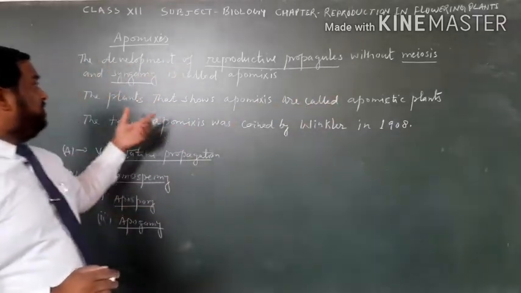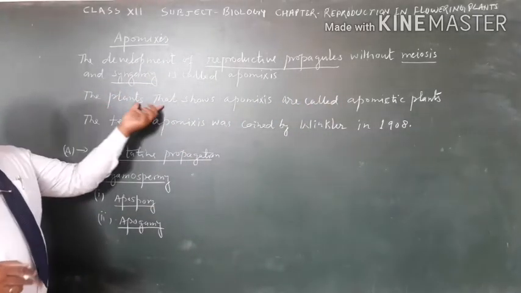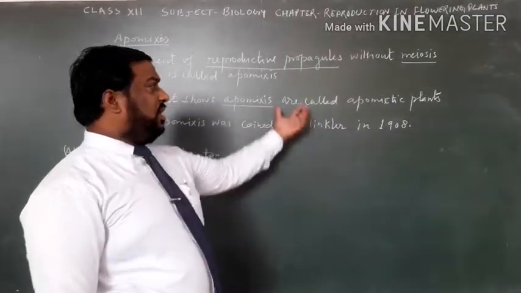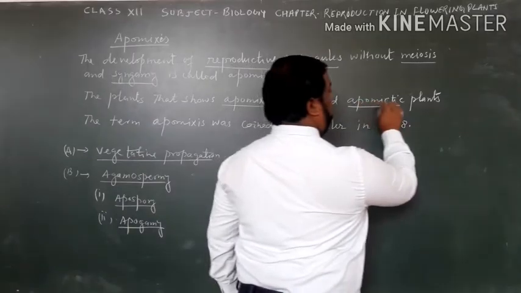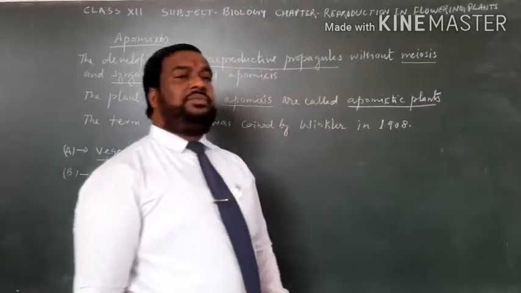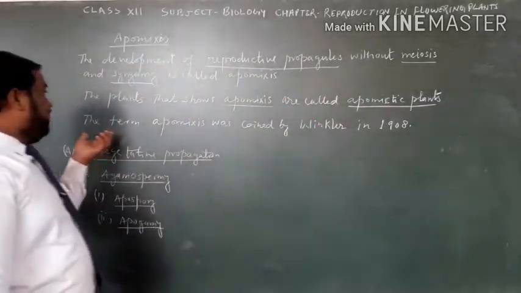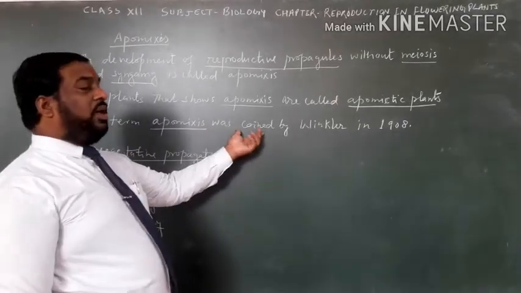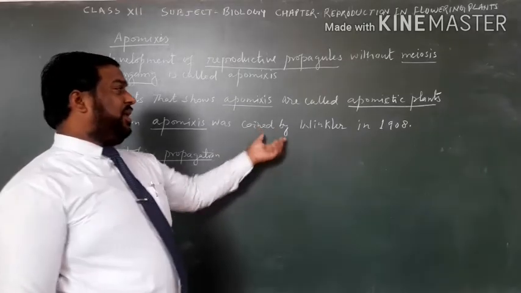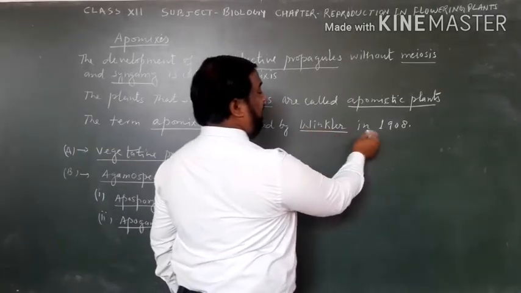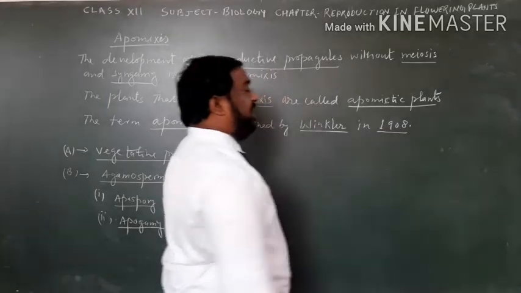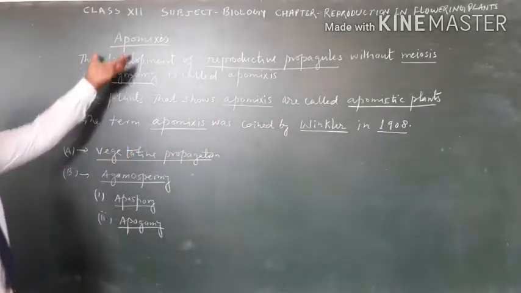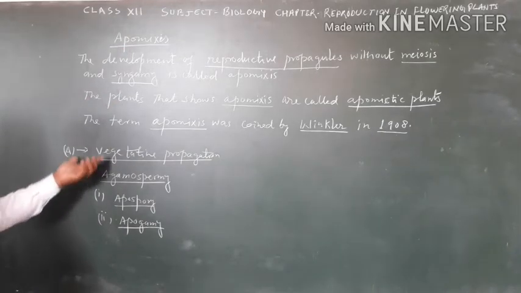So student, the plants that show apomixis are called apomictic plants, and the term apomixis was coined by Winkler in 1908. This apomixis further divides into two parts.